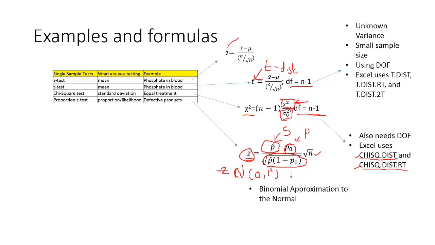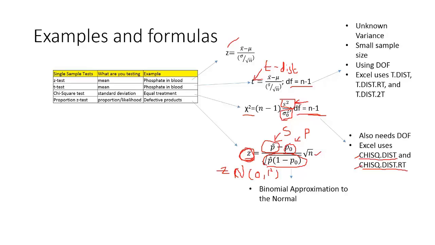It's in construct identical to that, but you're using the binomial distribution for calculating things like the variance, but you're also saying, hey, I believe you can approximate it to the normal distribution. So I'm just going to use the z distribution to calculate my p-values, or I'm going to use the z tables.